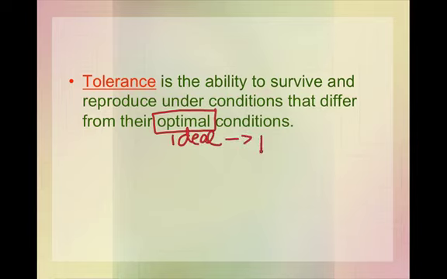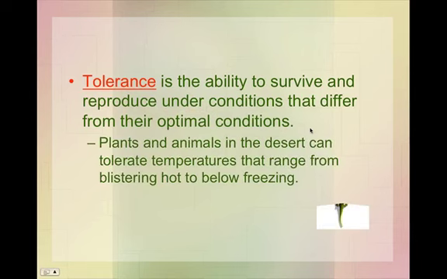Or another way to say that is perfect. So for example, plants and animals in the desert can tolerate temperatures that range from blistering hot to below freezing. So they have a certain level of tolerance that helps them survive.